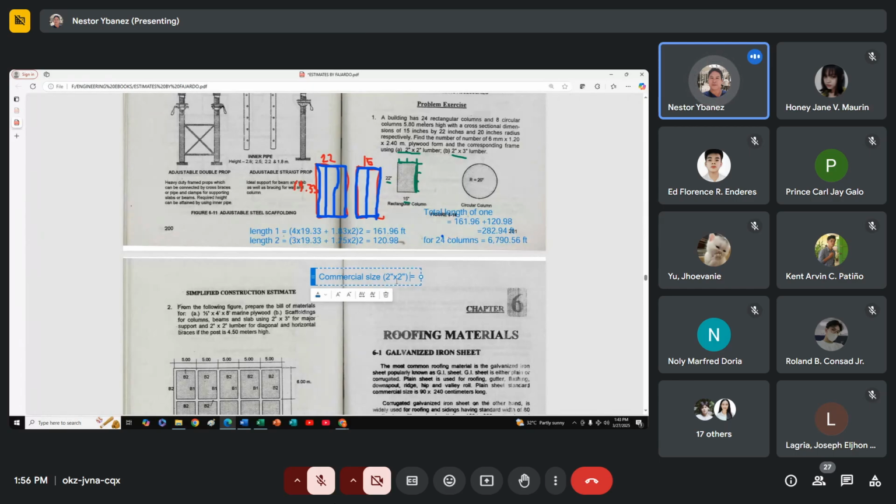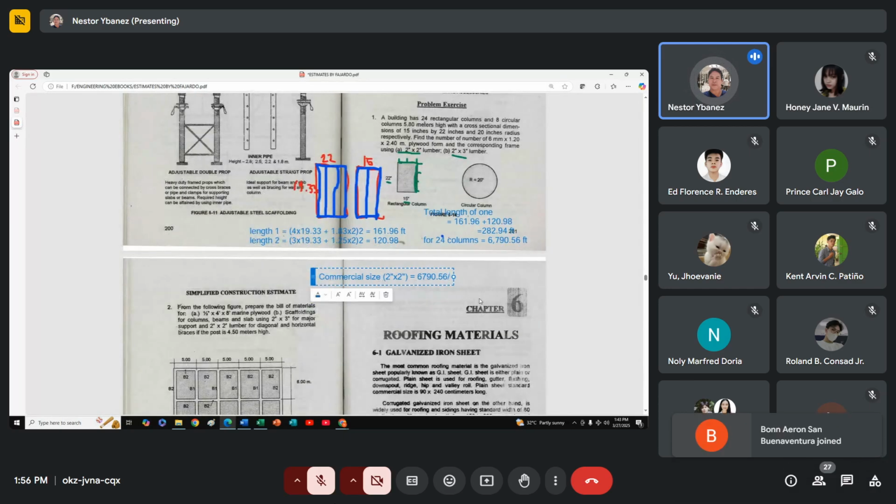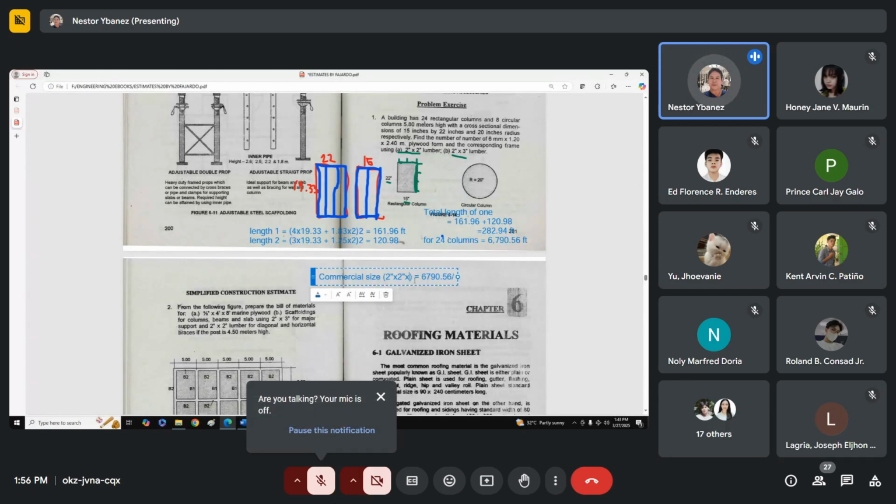So the total of 6790.56 is divided by the length. If we decide on the length, say 8, 10, 12 feet, let's say 10 feet. So this is divided by 10.